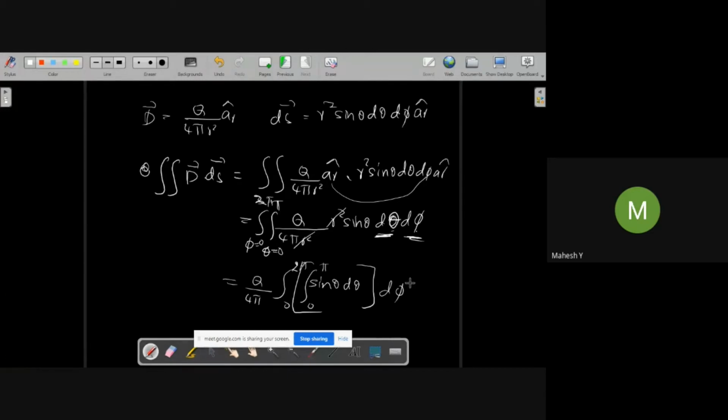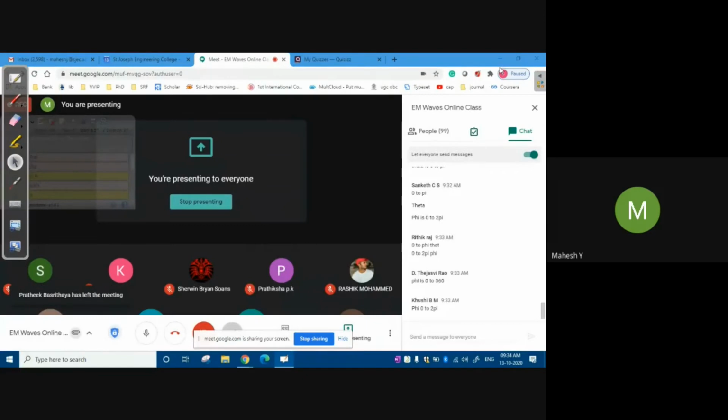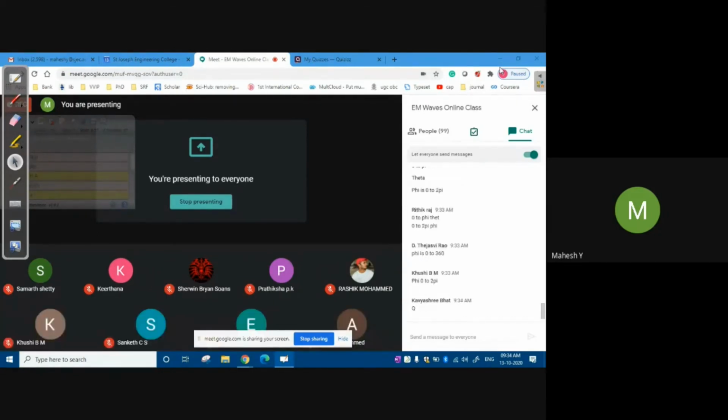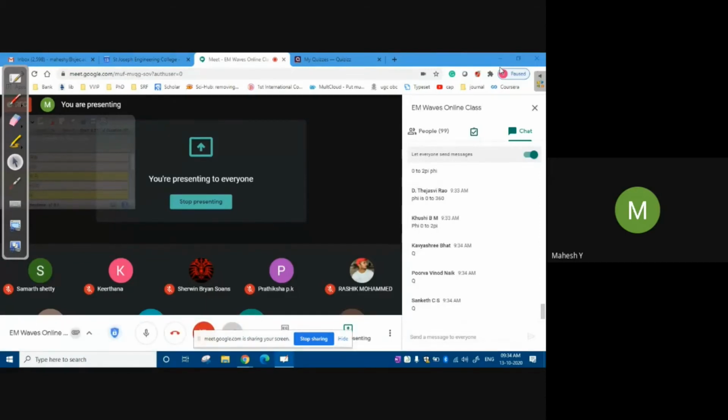So do this integration and find the value.